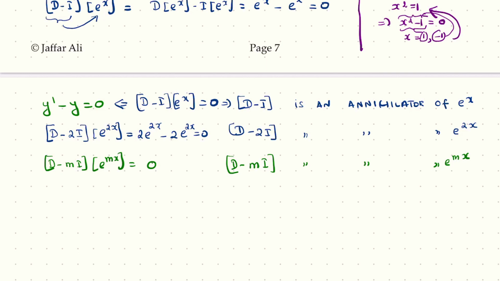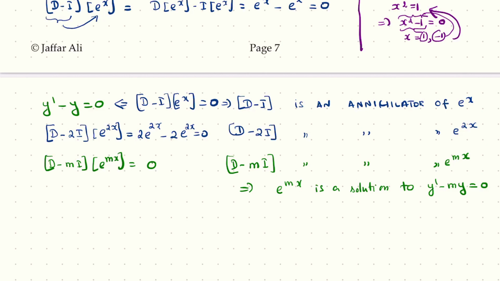And what would that mean? This would mean that e to the mx is a solution to y prime minus my equal to 0.